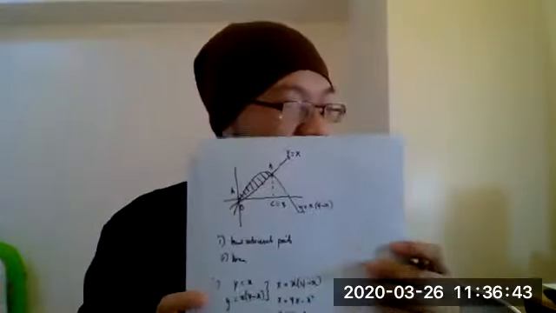Now, if I want to use the second method, according to the second method, it will be the integration 0 to 3 of the curve, right? Why the curve? Because it's the top. It must be top minus bottom. So you must integrate the top. And then the bottom is a triangle, right?